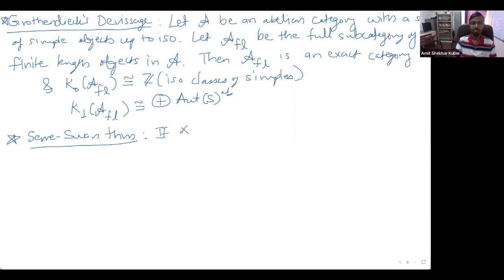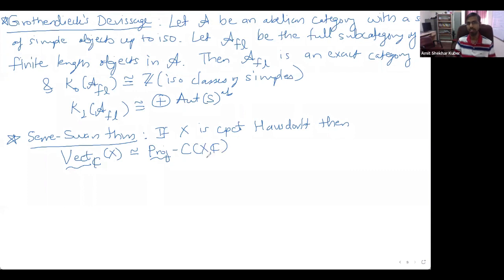I'm just going to state its simplest possible version. If X is compact Hausdorff, then the category of complex vector bundles over X is equivalent to the category of finitely generated projective modules over the ring of continuous complex valued functions on X.